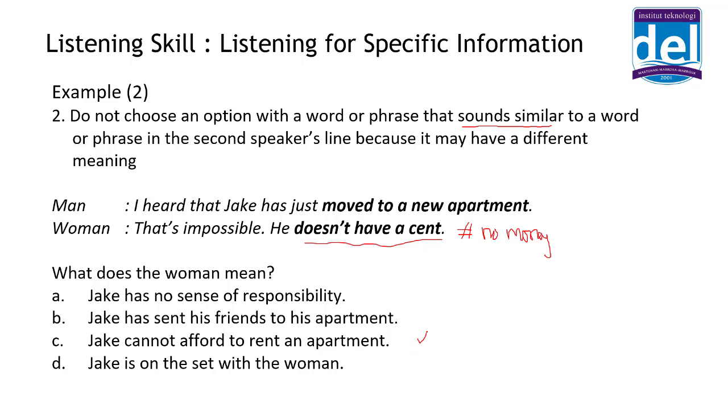However, I want to show you the similar sound that is provided in these options. So for example, when you hear the words "he doesn't have a cent," cent may also sound similar to cents, a cent and cents, and then cent, the word over here, and then set.